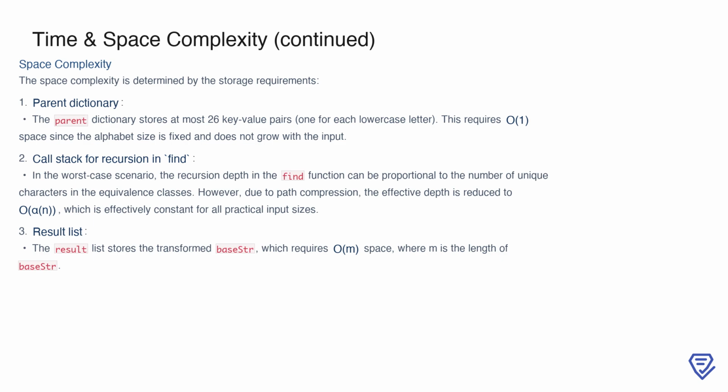However, due to path compression, the effective recursion depth is reduced to O(alpha(n)), which is constant for practical input sizes. Finally, the result list, which stores the transformed base str, requires O(m) space, where m is the length of base str. These components together determine the total space complexity.